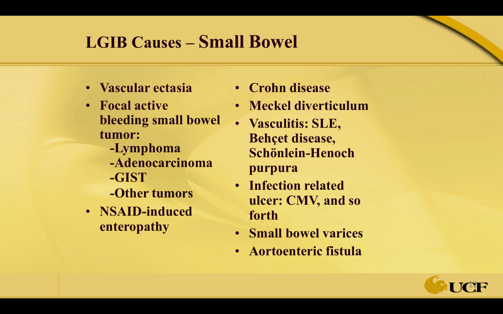Also, NSAID-induced enteropathy, Crohn's disease, Meckel diverticulum, vasculitis, like in systemic lupus erythematosus, Behçet's disease, Schönlein-Henoch purpura, infection-related ulcers like CMV and so forth, small bowel varices, and aortoenteric fistula.